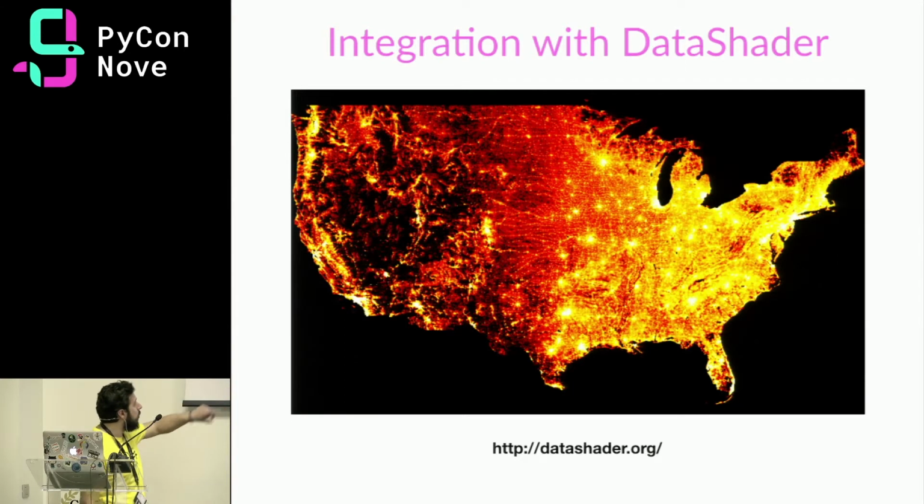This is, for instance, the electric network of the USA. Okay, the whole data, and it is rendered by Bokeh and DataShader.